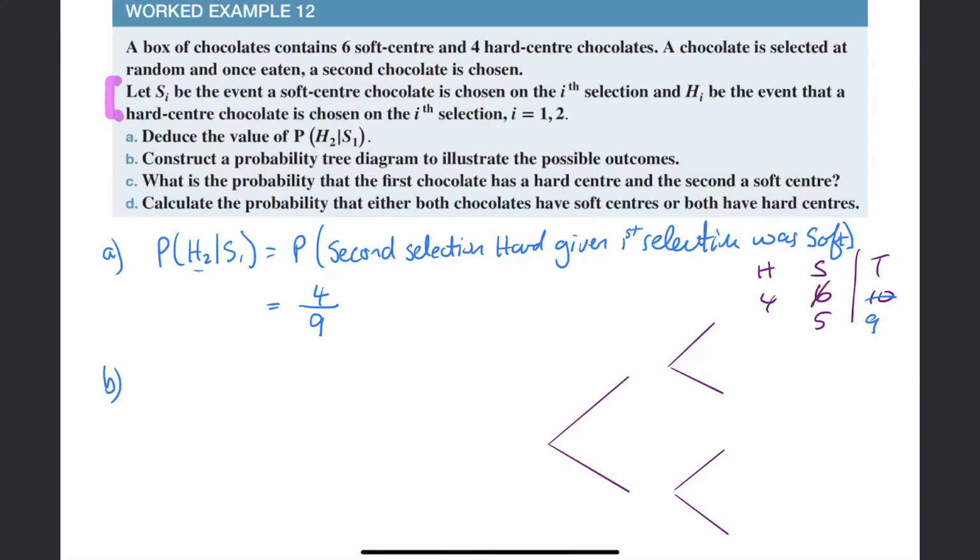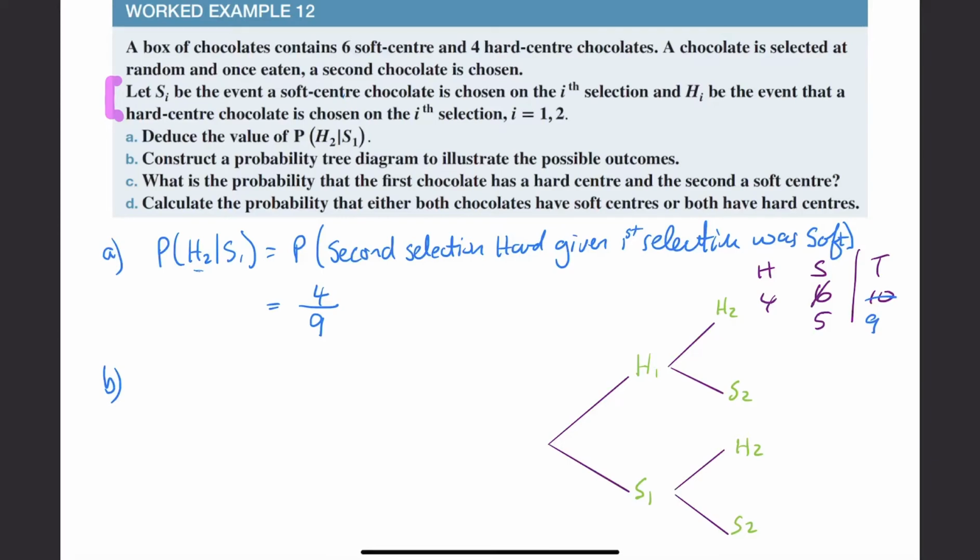My first selection can be either a hard or a soft, and my second selection can be a hard or a soft. So the tree just shows the selections and the outcomes.